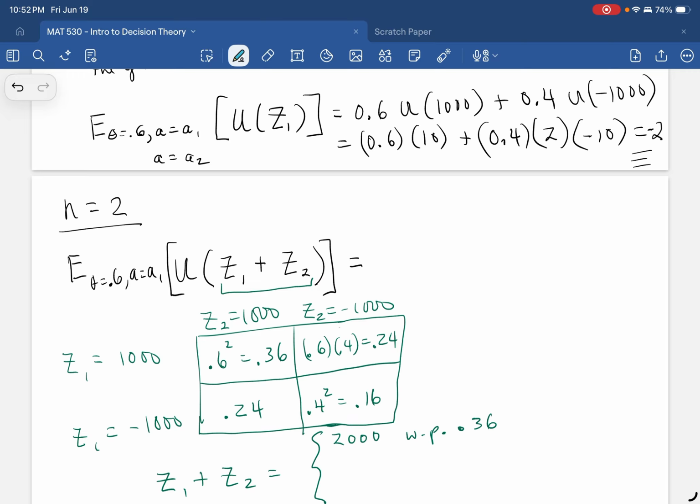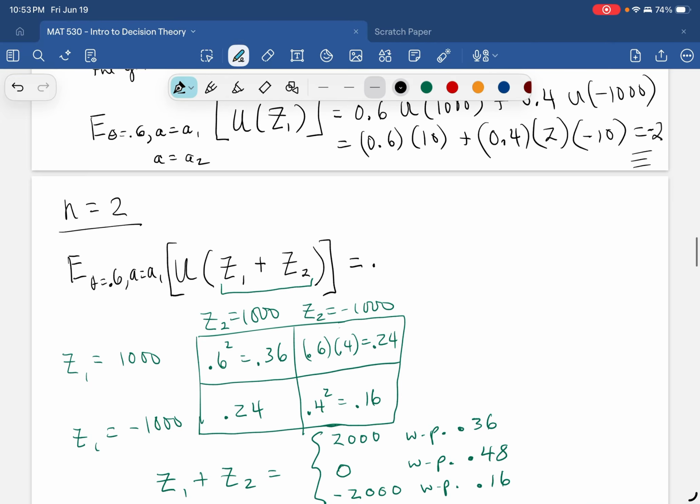And in the situations where you lose one time and win one time, that sum turns out to be 0, and that would be with probability 0.48. Because remember, there are two different situations where that can happen. And then if we lose both times, that would be negative 2,000, and that occurs with probability 0.16.